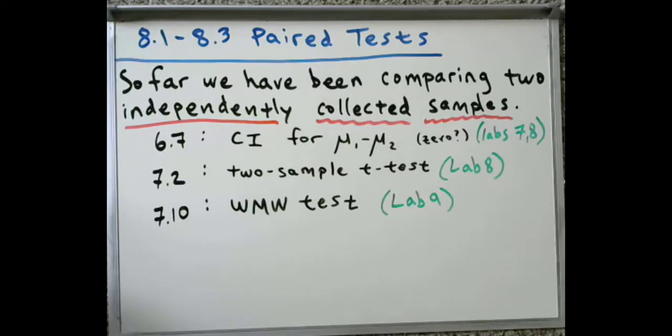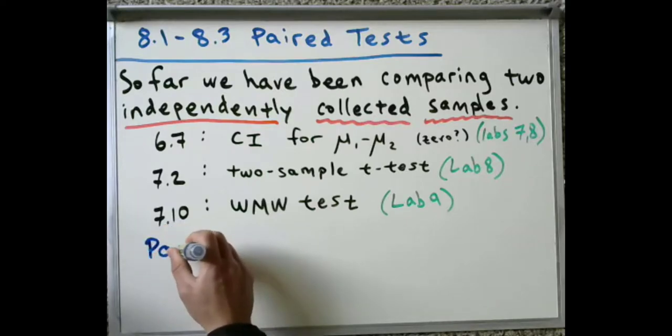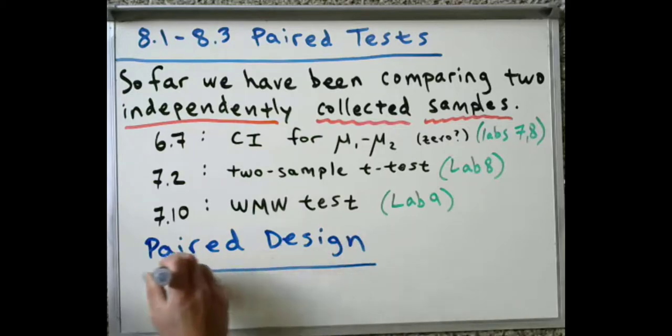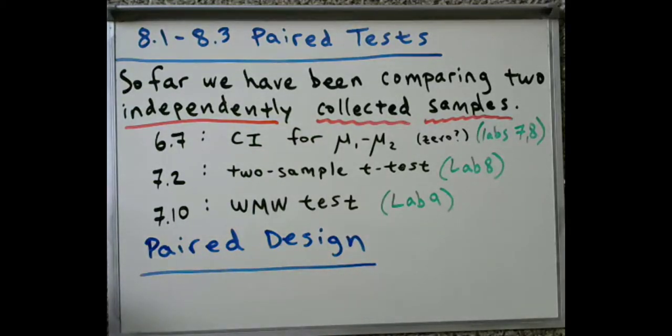Or we have the scores for one group of people and the scores for another group of people. Those two samples are independently chosen, selected, collected. In Chapter 8, we're now going to look at the paired design. That is when the samples are not independently chosen.